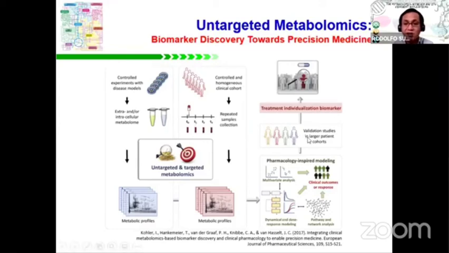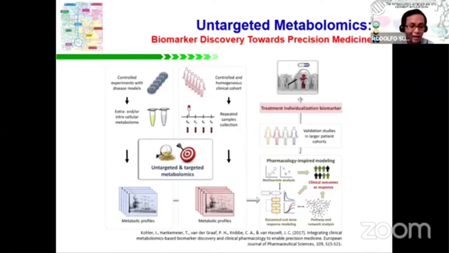And eventually, as Dr. Lacerna mentioned, you need to be able to validate this in larger patient cohorts so that it can reach the clinical bench, such as for application as treatment individualization biomarkers or prognostic biomarkers, what is known as personalized or precision medicine.